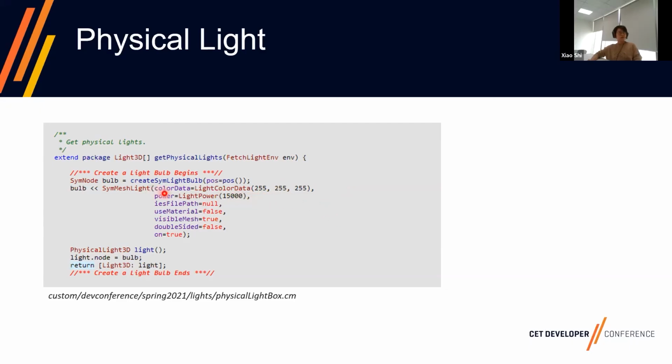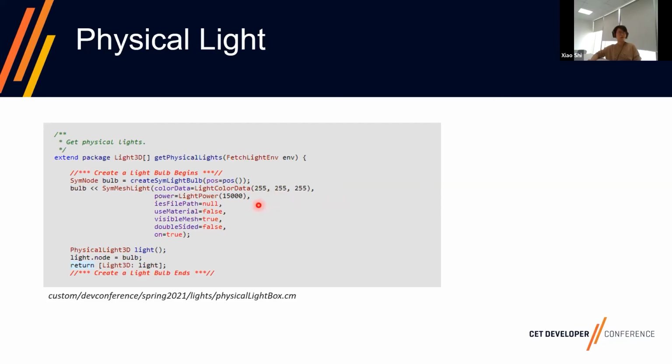And this power defines the brightness of the light. Here we are using lumens, which is how you determine light brightness in real life, or you can just define a double there. So it will be a helpful method to transfer different types of figures into the light power.